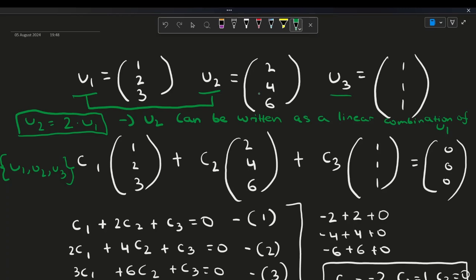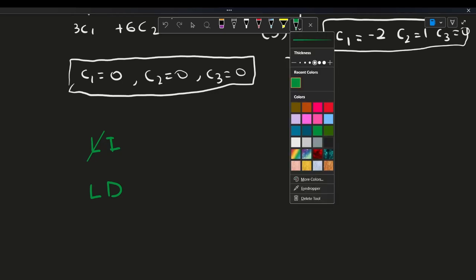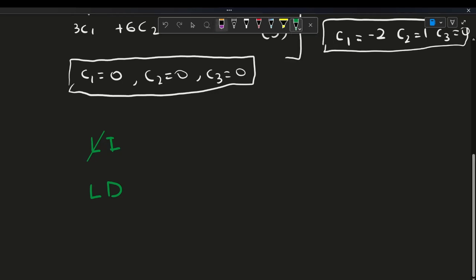So to sum up what we learned today, we learned linear independence, I'm just going to write it as LI, and linear dependence, which is LD. So when vectors are linearly independent, the only solution is when all coefficients are zero.